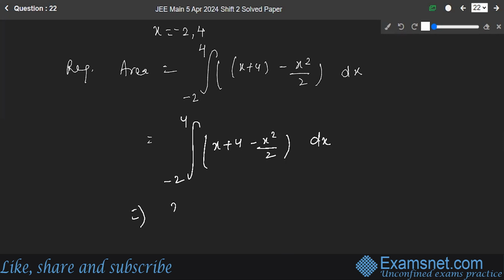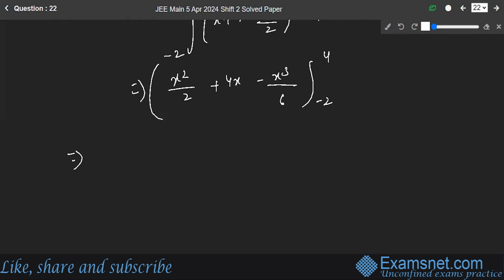This will be x square by 2 plus 4x minus x power 3 by 6, with limits -2 to 4. So upper limit minus lower limit, this will give me 16 by 2 plus 16 minus 64 by 6, and now you will have a minus of -2 square, which is 4 upon 2 minus 8, and it will give me 8, right?